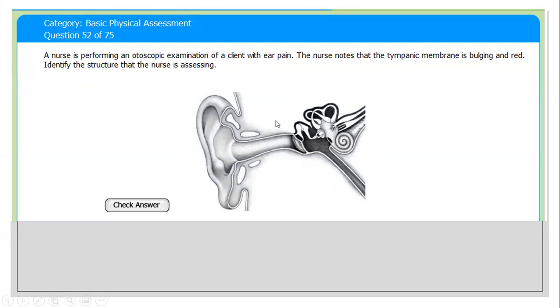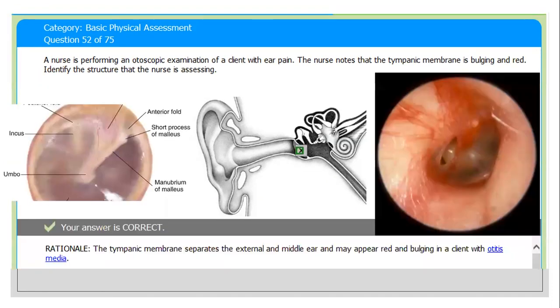This is the external ear. This is the middle ear and the inner ear. So you have to mark where the tympanic membrane is. In this picture, the tympanic membrane is here. It separates the external ear canal from the middle ear.